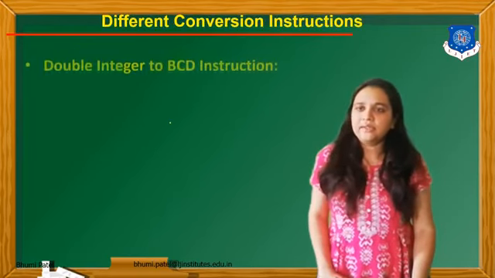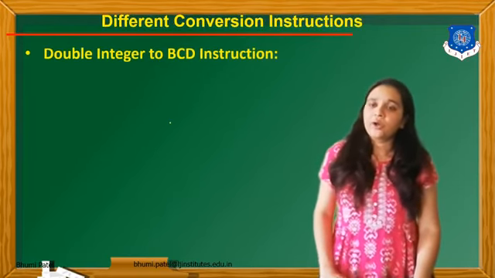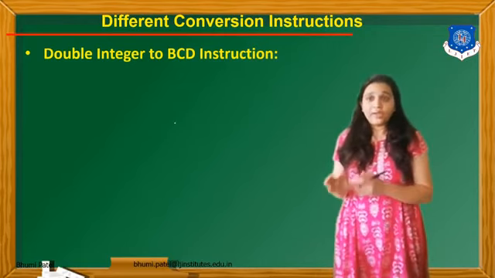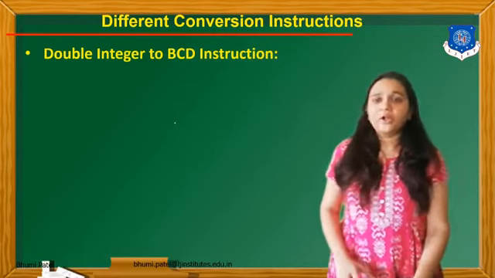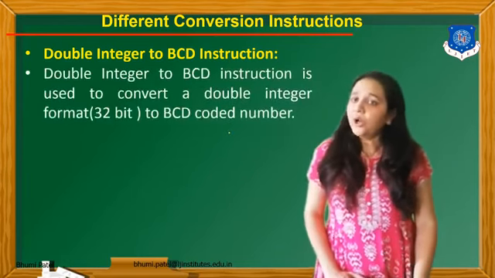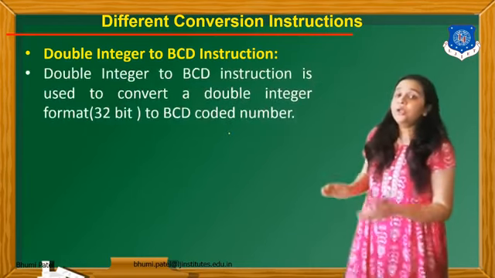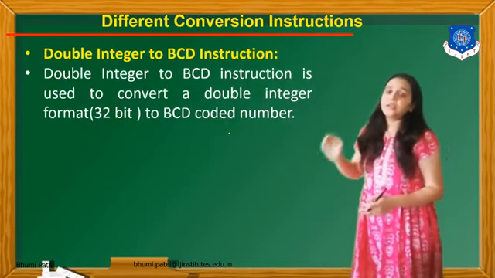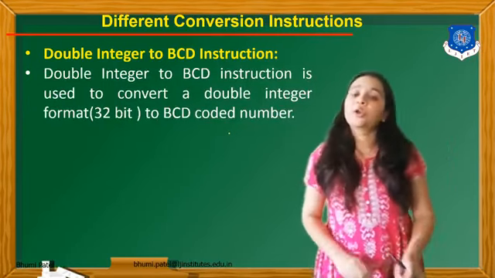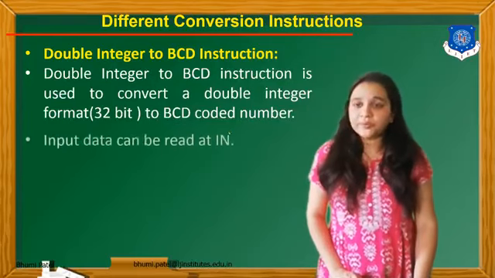Now the next is the opposite. We have to convert a double integer to BCD. The double integer to BCD instruction is used to convert a double integer format, 32-bit, to a BCD coded number.